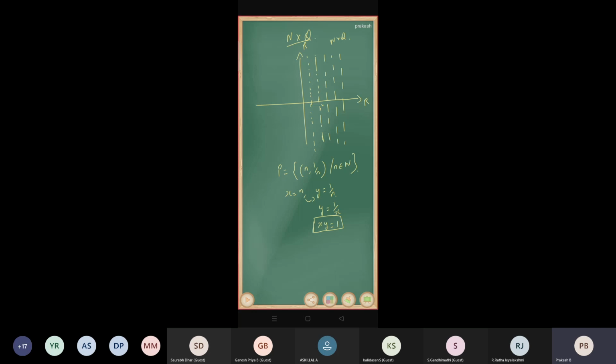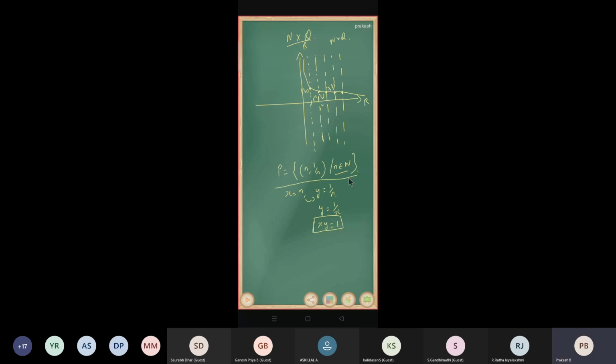So now the set P is nothing but the intersection of N cross Q and the curve. So these are all the elements of P, right? Explicitly, if you take the first element n equal to 1, that is (1, 1), then (2, 1/2), then the third element (3, 1/3), like this one. Okay, right? This is our P.